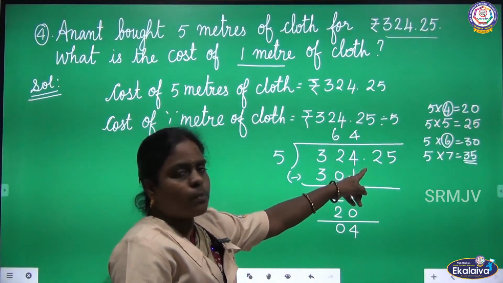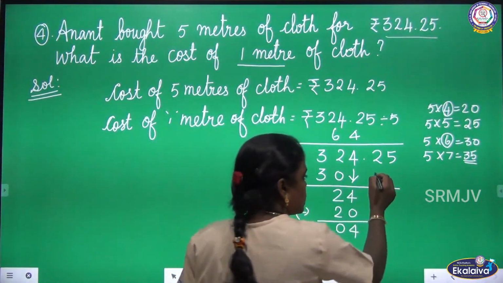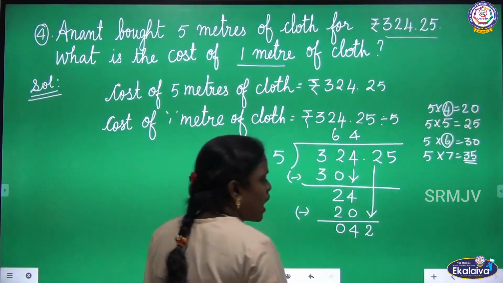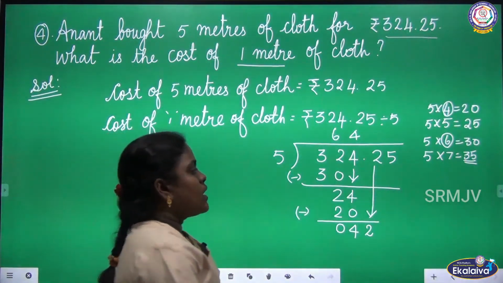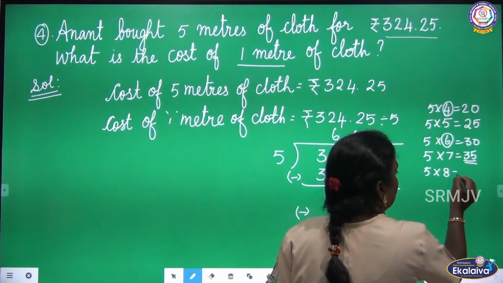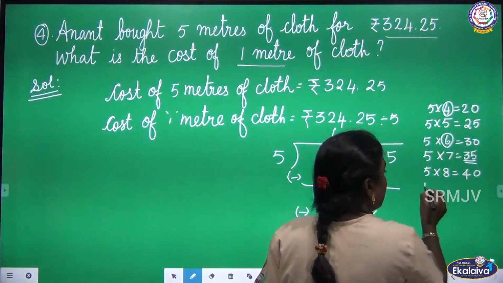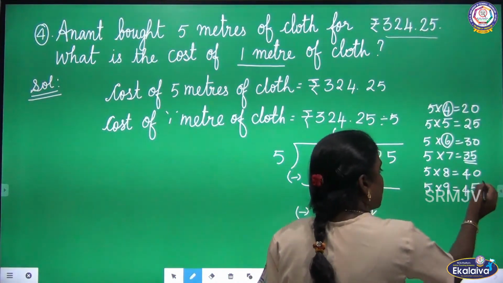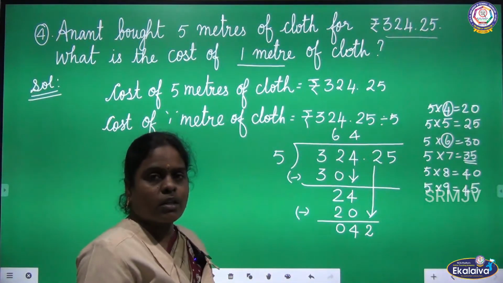Now I am going to bring down the next digit. It is 2. So now I have 42. Yes, continue the table. 5 eights are 40. 5 nines are 45. Here listen, we have only 42.